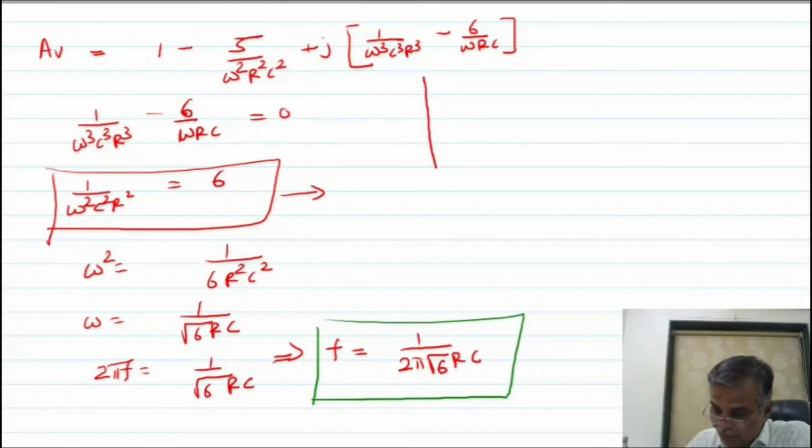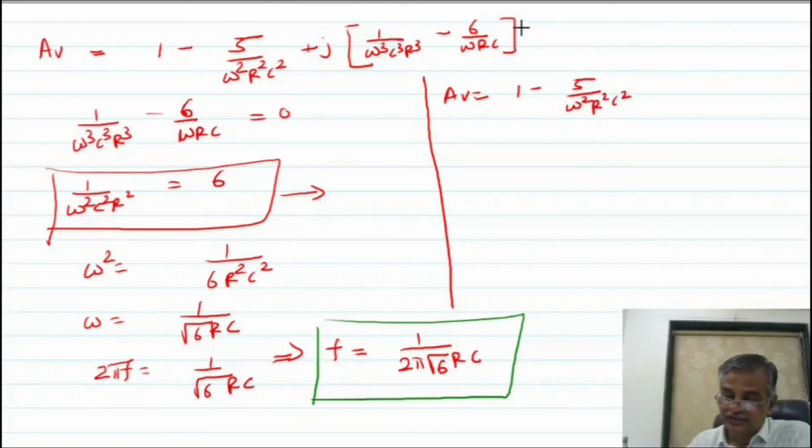Now the second important point. The gain is 1 minus 5 upon omega square r square c square, because this part is 0. If I put this part as 0, my equation of gain is this. Now look here, what is the value of 1 upon omega square r square c square? It is 6.